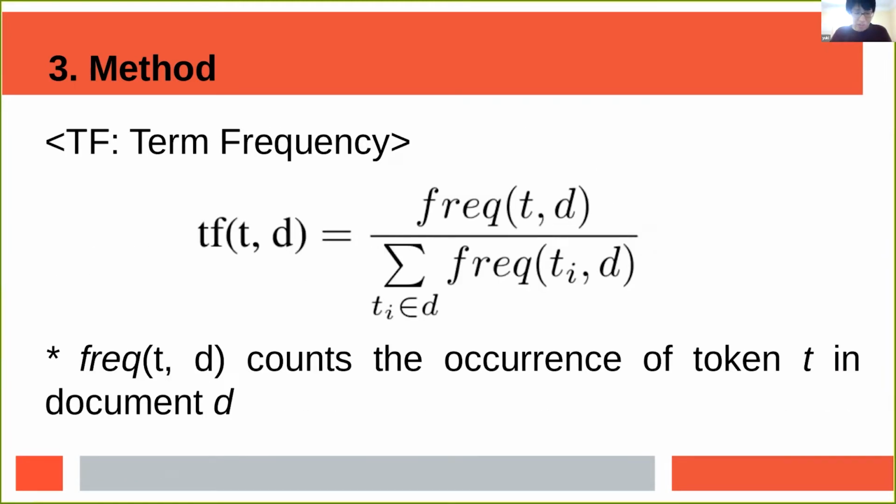So TF-IDF consists of TF, term frequency, and IDF, inverse document frequency. Here is TF, term frequency. First, you simply count how many times the word appears in the document. However, the same word in a larger document appears more times than in a small document.